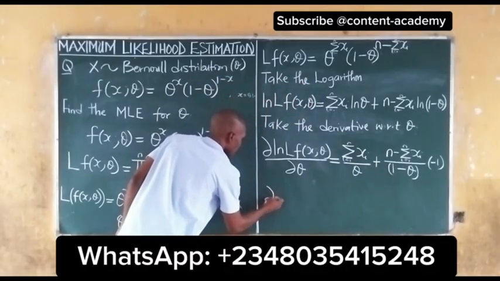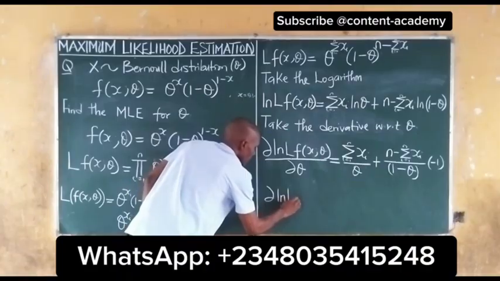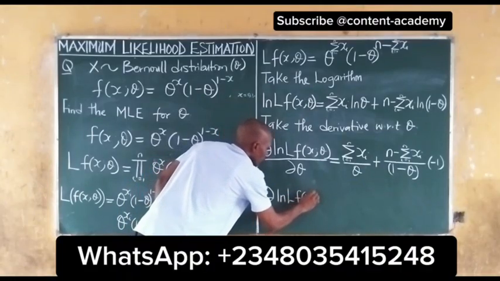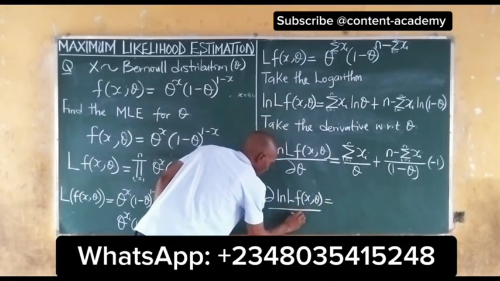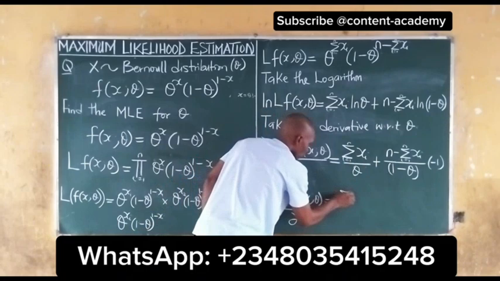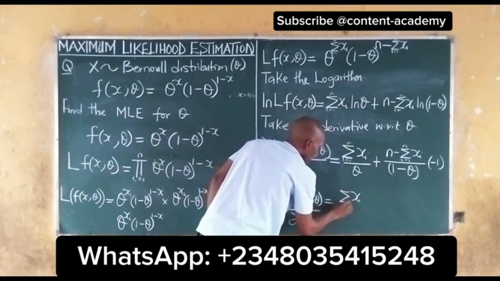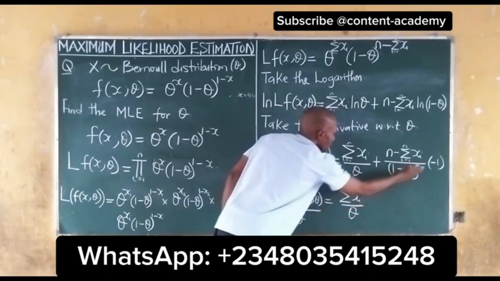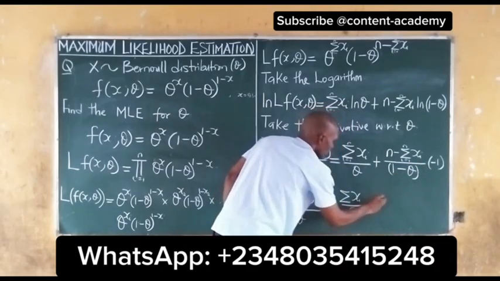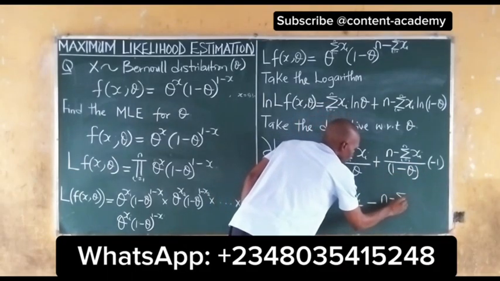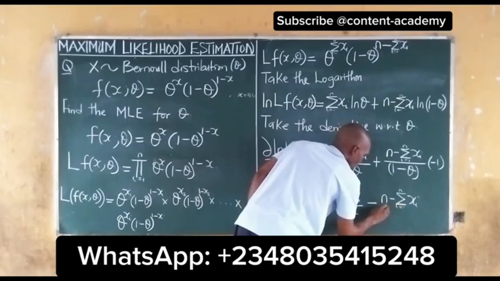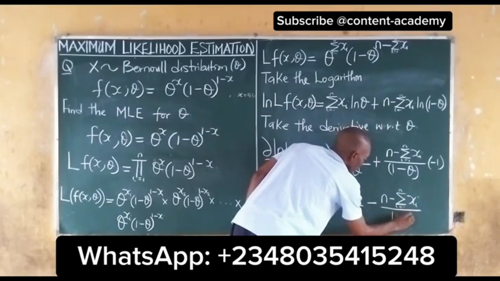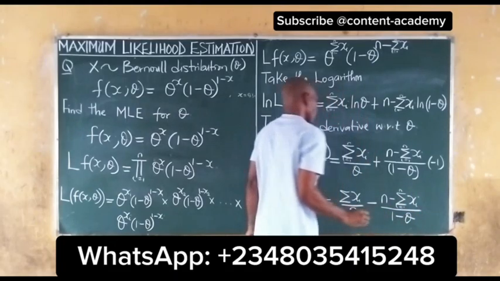So we can write it as the derivative of the likelihood function all over d theta. We can write this to be summation of xi all over theta. Because of this negative sign, we'll write negative n minus summation of xi as i running from 1 to n all over 1 minus theta.